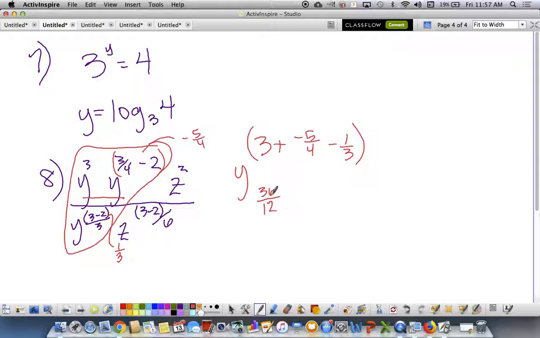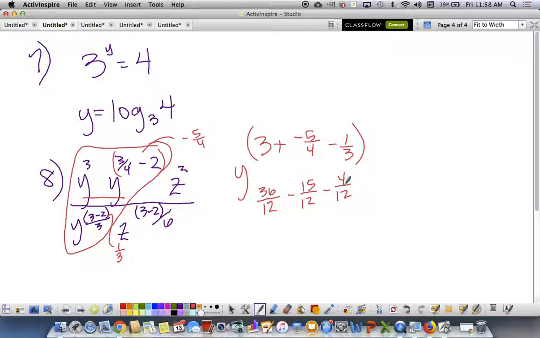Probably a 12. 36/12 is 3 minus 15/12 is 5/4, right? Am I doing this correctly? 4/12 is a 1/3.